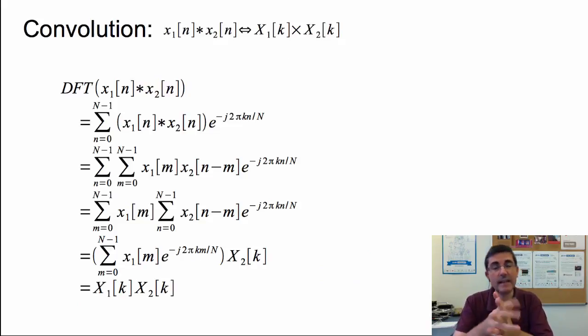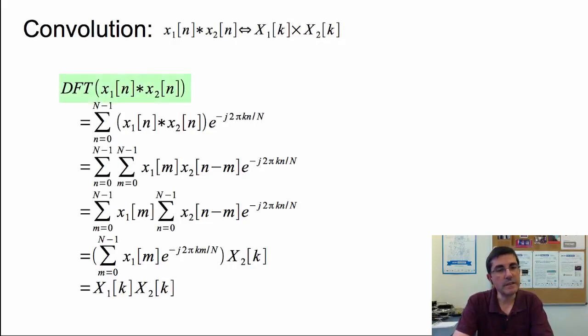And to finish, I want to talk about the property that relates to convolution. It says that if we convolve two signals in the time domain, then in the spectrum domain it corresponds to the product of the two corresponding spectra of the two signals. And again, it's quite easy to prove.